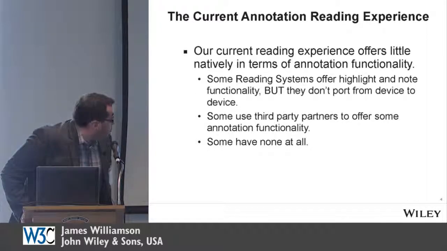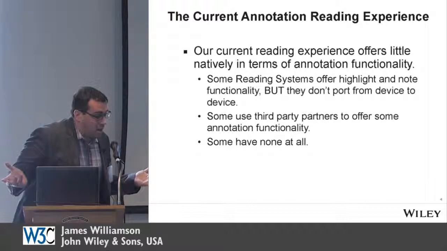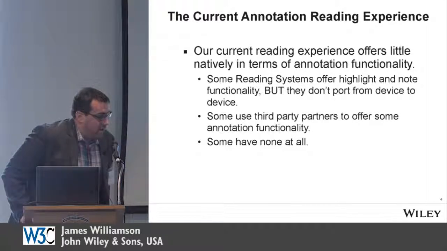Moving through, the current user experience: when you have two different e-reading systems, they don't necessarily interact with each other. So if you make a note in one, it doesn't port over to the other automatically. It's problematic for some readers. Other readers have a little pet peeve about the way the systems interact between users when comments are transported.